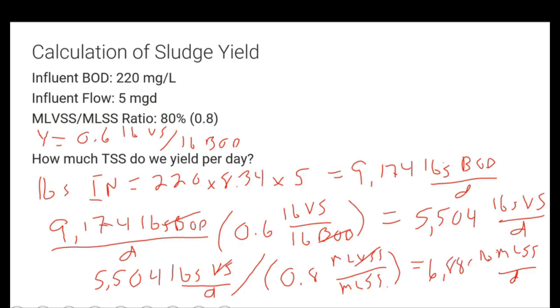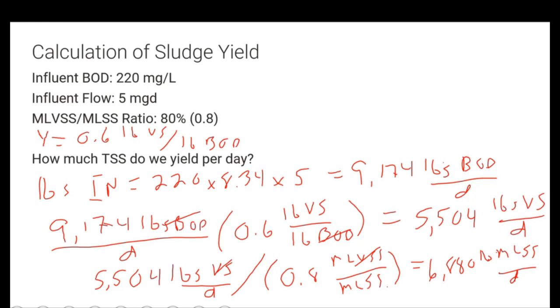So I'm gonna wait a minute. Does anybody have a question on how we got to this? And if we want to repeat it, we can. It's not something you guys have probably typically done, but I think it's something that you should be aware of, because then you can start to back calculate what your yield is.